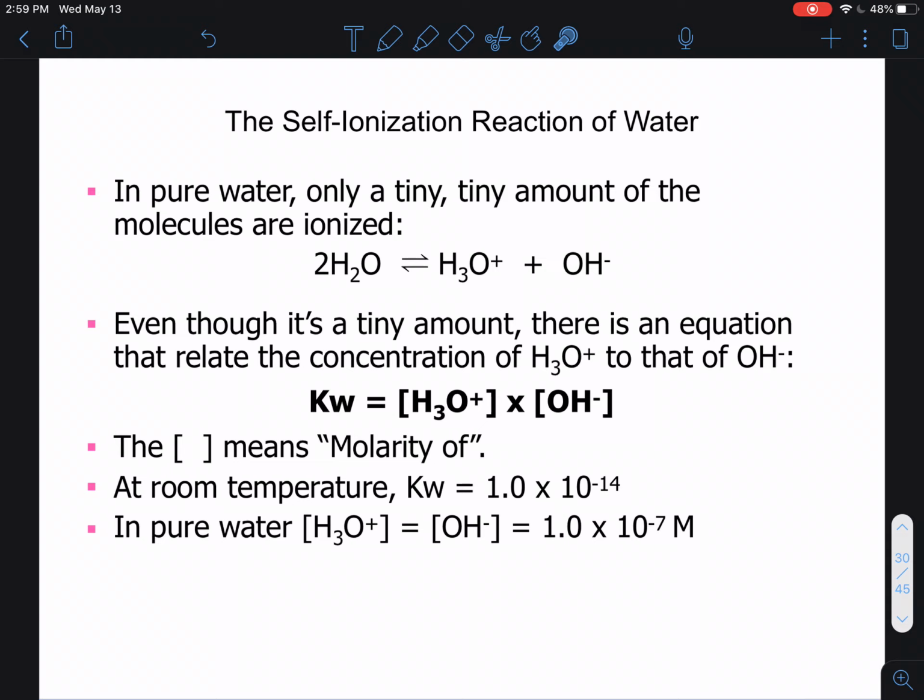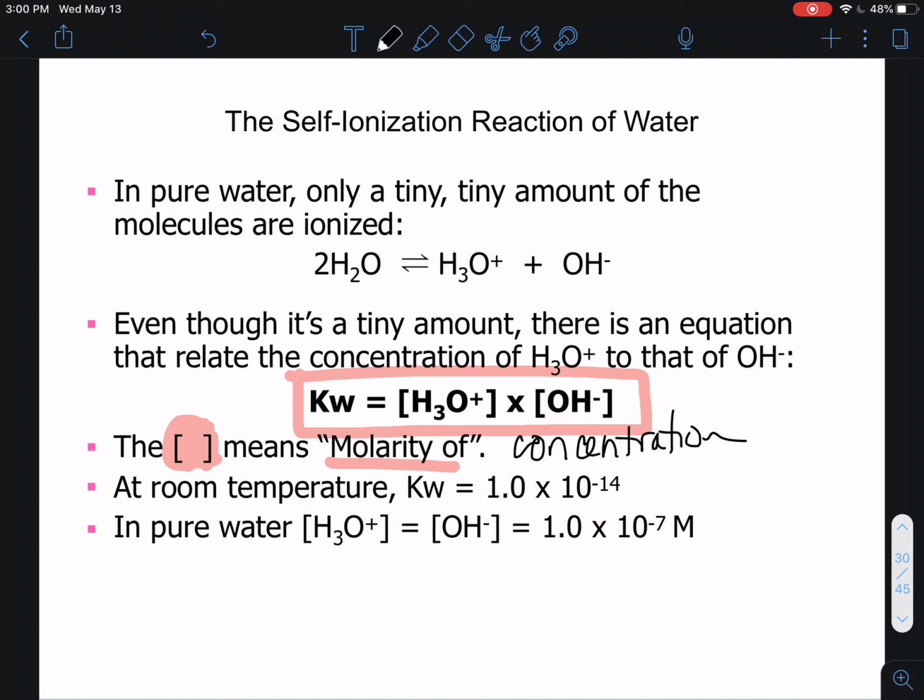Even though it's a tiny amount, there's an equation to relate the concentration of hydronium and hydroxide ions. This is called Kw. This is a proportionality constant. Remember, these brackets mean molarity of, or concentration of. Most of the time we look specifically at molarity.